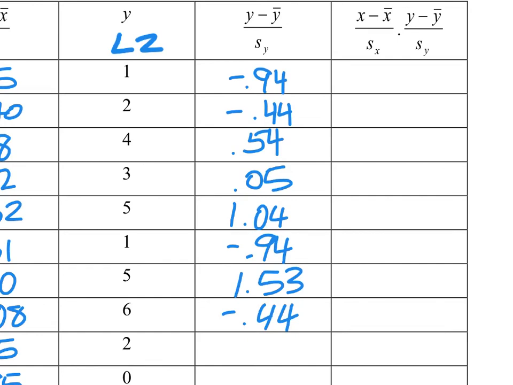Data analysis is fun. I must have missed one. I think you missed 1.04 between negative 0.94 and 1.53. Gotcha.